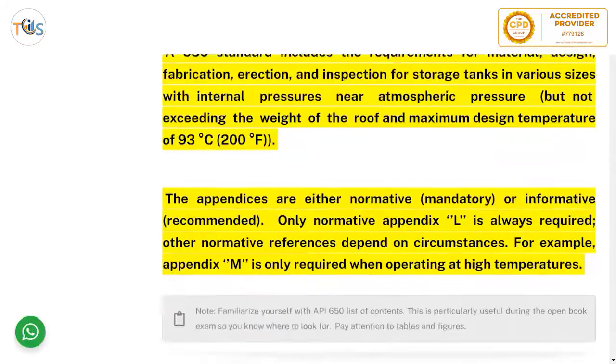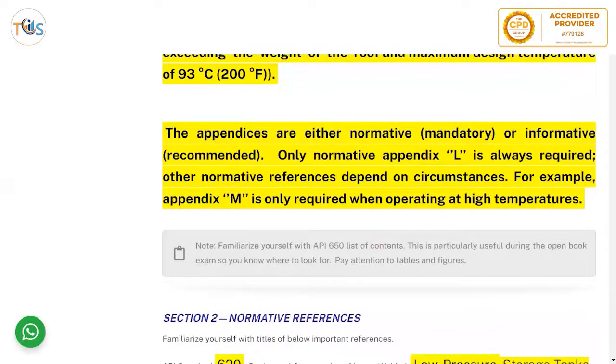The appendices are either normative, mandatory, or informative, recommended. Only normative Appendix L is always required. Other normative references depend on circumstances. For example, Appendix M is only required when operating at high temperatures.